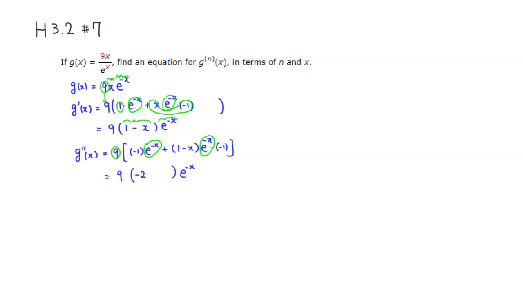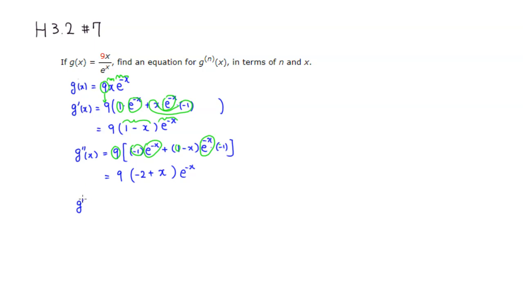And then we have a negative times negative, so it's going to be plus x. Then take another derivative and see if we can start detecting a pattern here.